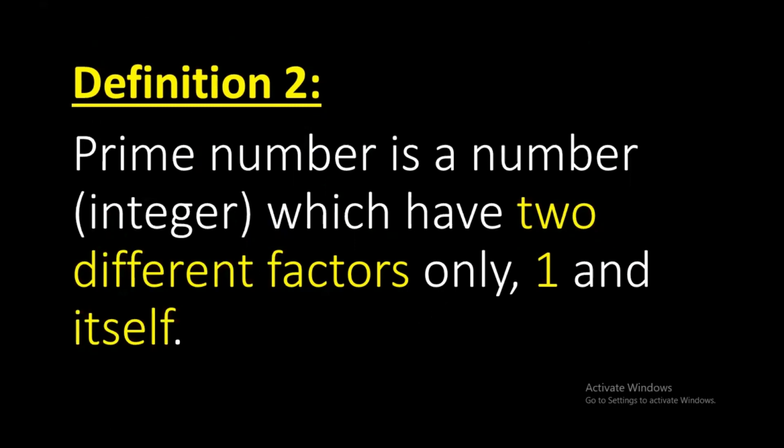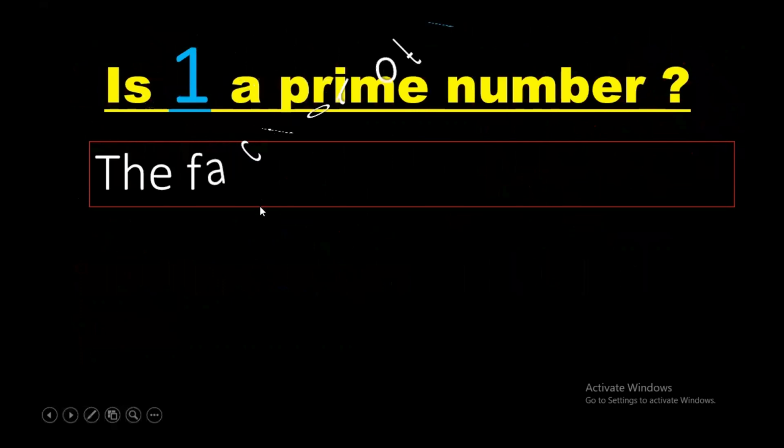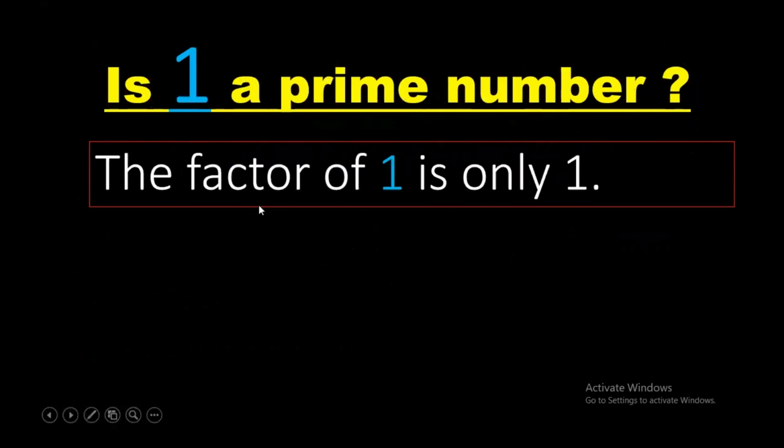So the question was, is one a prime number? First you have to find the factors of one. Factor of one is only one. Therefore, think: is one a prime number or not? Recall the correct definition.